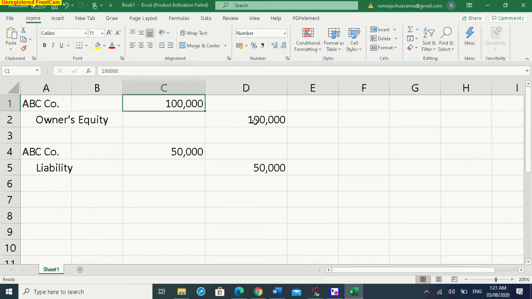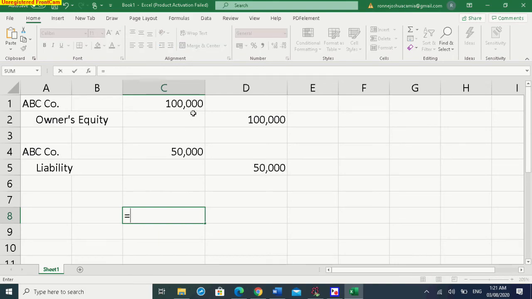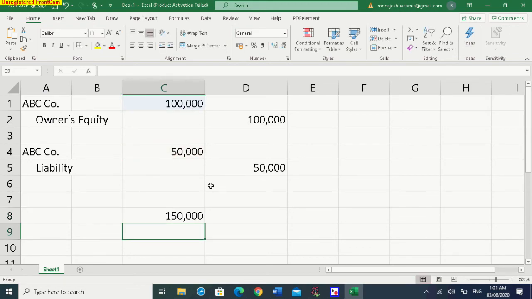As you can see, 100,000 here, 100,000 there, 50,000 here, 50,000 there. So let's compute A equals L plus E. The assets gained both 100,000 and 50,000, right? So the total assets of the company equals 100,000 plus 50,000.